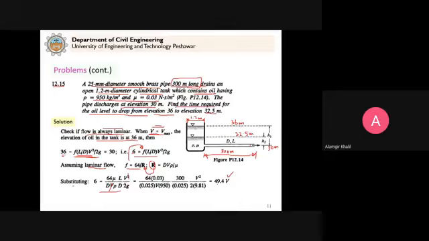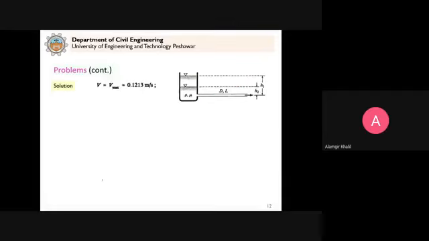So you plug in the values, so 6 is now equal to 49.4 times V, or V will be equal to 6 divided by 49.4. So the maximum velocity is now equal to 0.1213 meter per second. Why is it the maximum velocity? Look here.